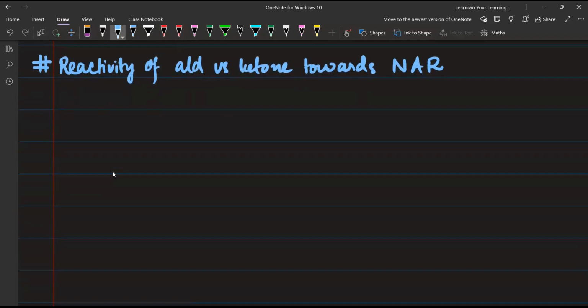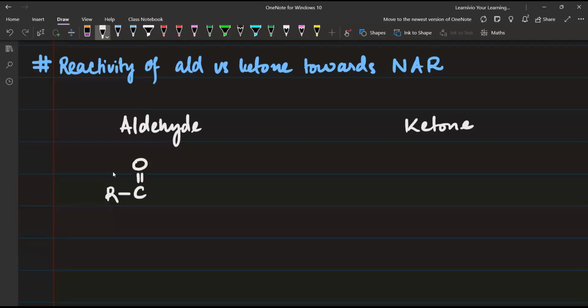Okay, let's look carefully. We have aldehyde and ketone. In aldehyde we have R, C double bond O, hydrogen. In ketone we have R, C double bond O, and another R dash. Two alkyl groups are present in ketone, and there is only one alkyl in aldehyde.